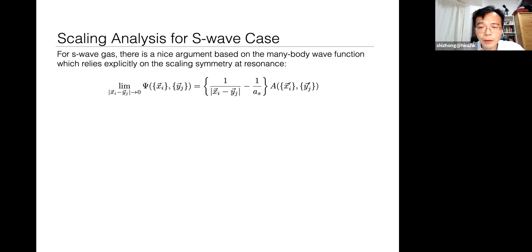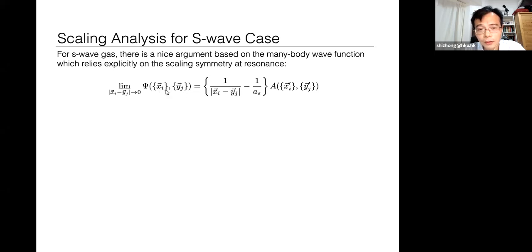Then I think Joseph asked before why this scale invariance is important. In the S-wave case, you can see that if indeed the scattering length goes to infinity, then you have something quite nice. One way to see that is to look at the many-body wave function.